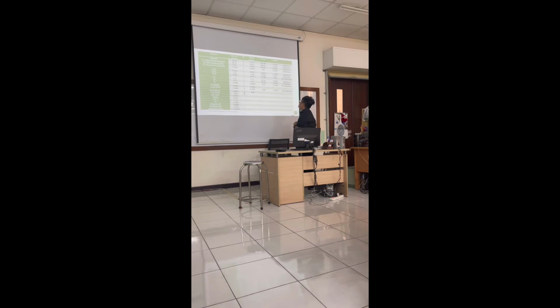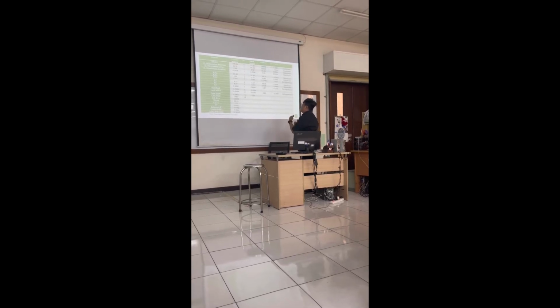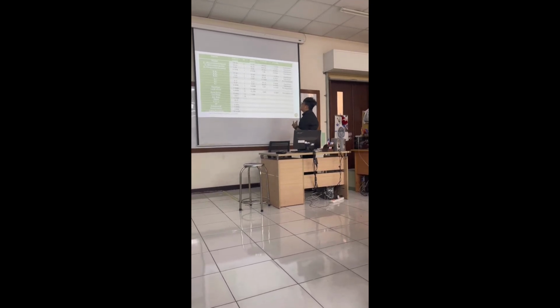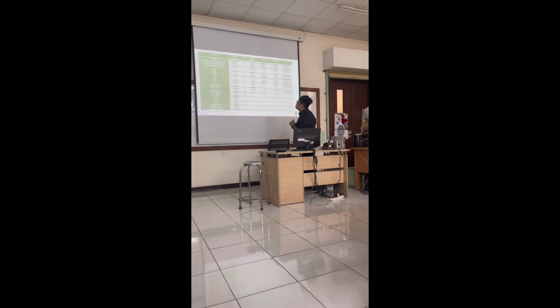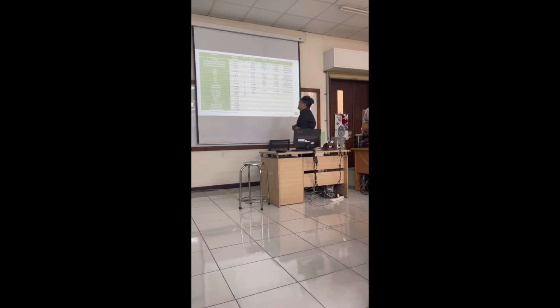This is the ANOVA, so you can see that all of the single factors have a significant effect, and the interaction between microwave power, microwave duration, and ultrasound duration is also significant. And the CV is okay, it is 1.11.